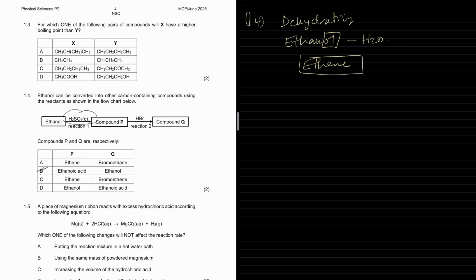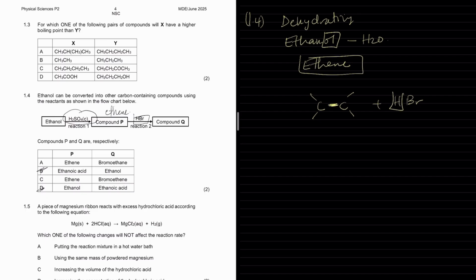So B and D are out. Now we just need to look at what's going to happen to that ethene. It's going to react with HBr. So you have this ethene compound and you are adding HBr. The first thing that's going to occur is that the double bond is going to break, so you're going to have a single bond.